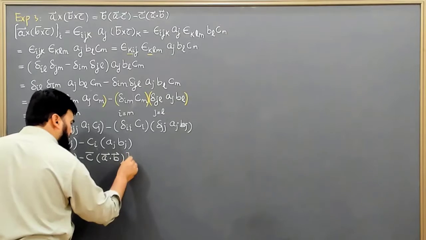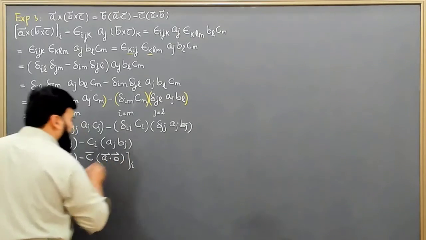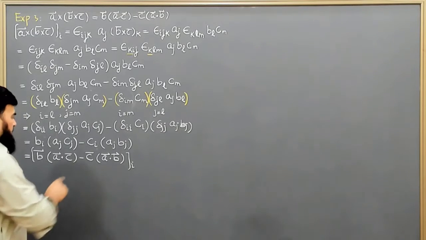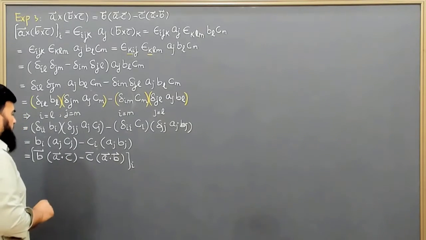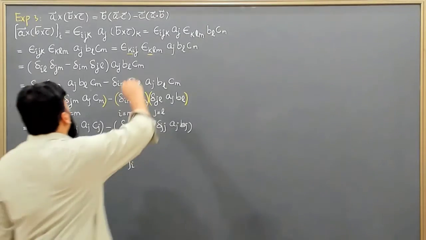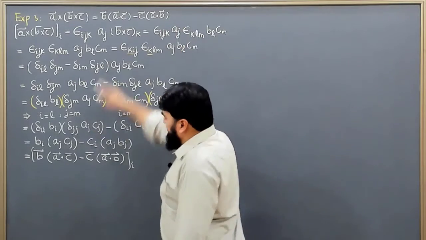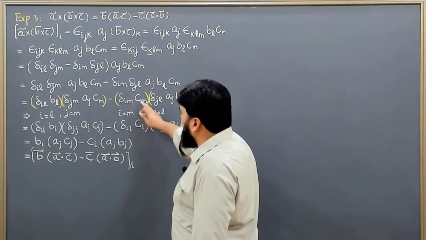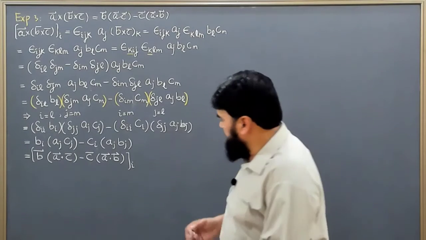And this whole is actually the ith component of it. We have written this as a whole vector, so this is the ith component of it. And you see, we have actually proved the BAC-CAB rule here very easily with the help of the Levi-Civita tensor.